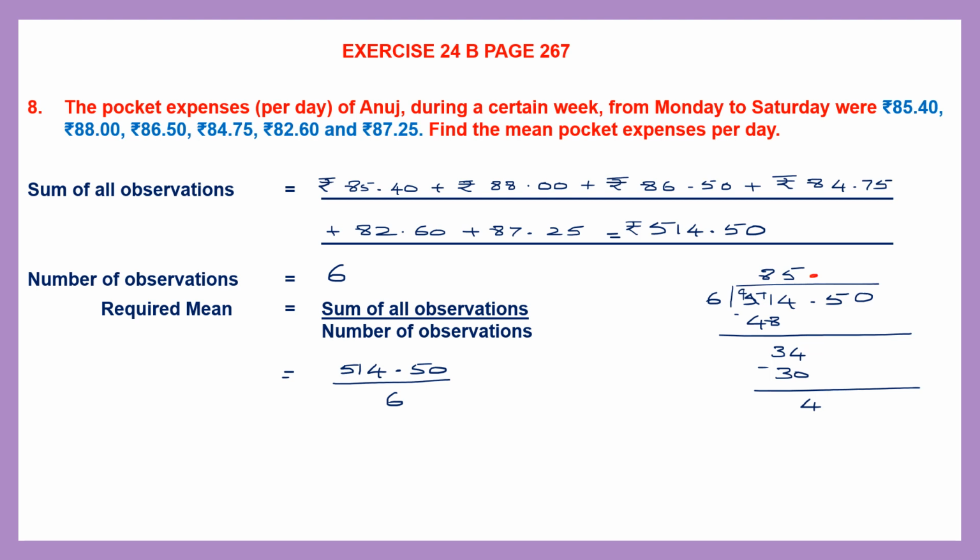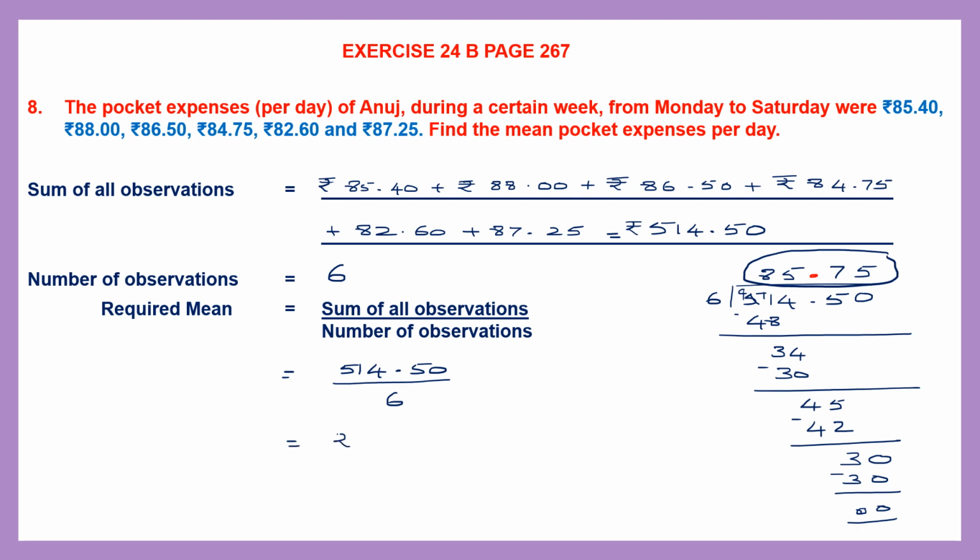And now we bring down the other number 5, this is 45. 6 sevens are 42, minus, 5 minus 2 is 3. Bring down the next number, that is 0, 30. 6 fives are 30. Minus, we've got a remainder 0, so we can stop our division here. So our quotient is 85.75.